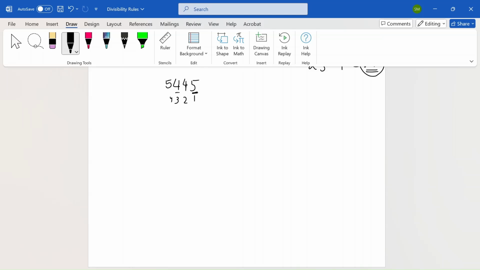So this 5 and this 4 are at odd places, and this 4 and this 5 are at even places. So let us take the sum of digits at odd places, which is 5 plus 4 equals 9.